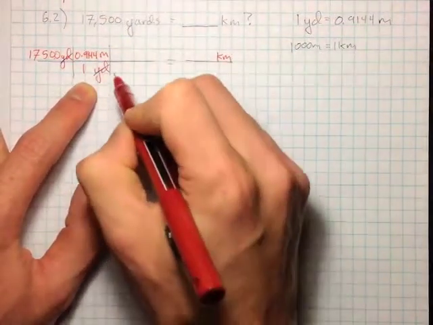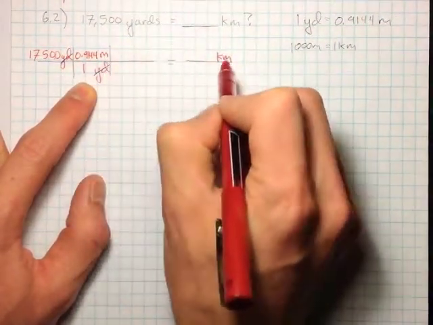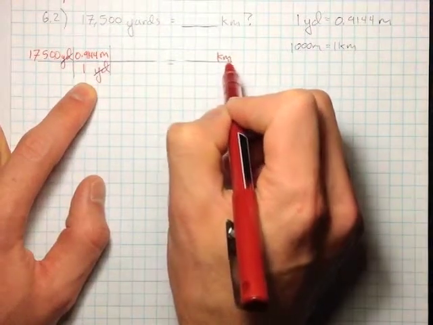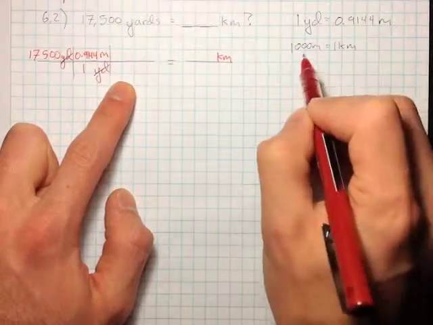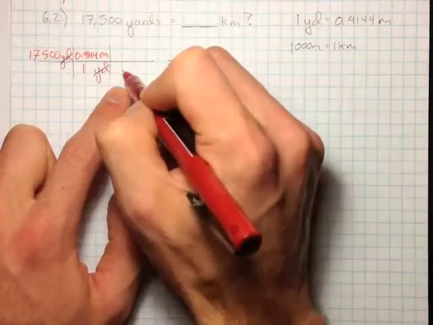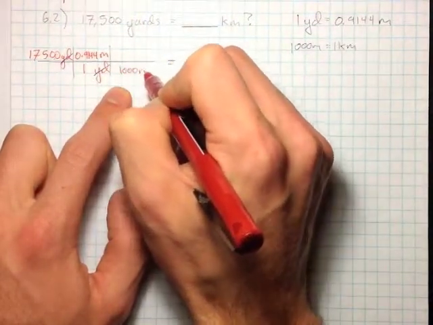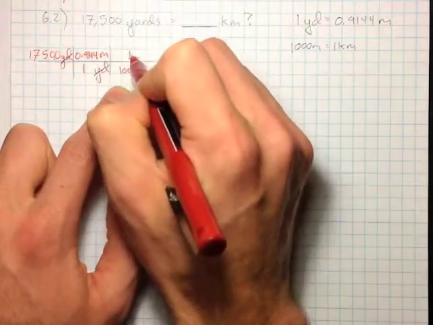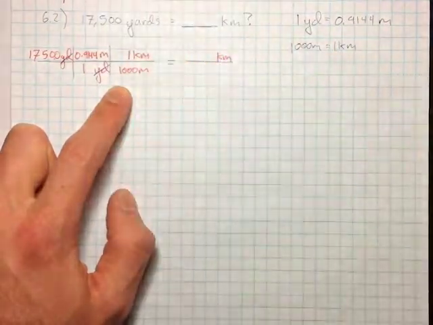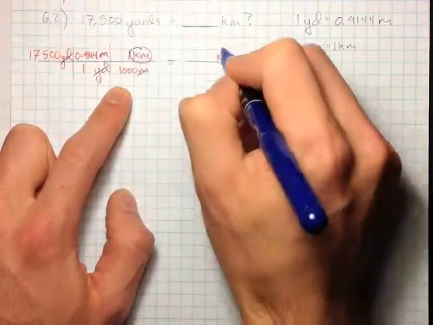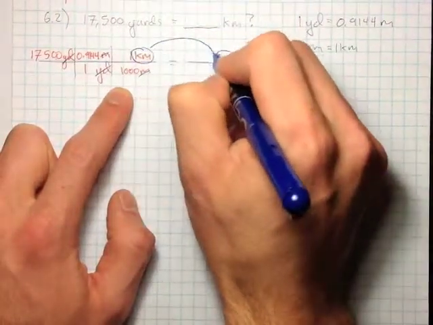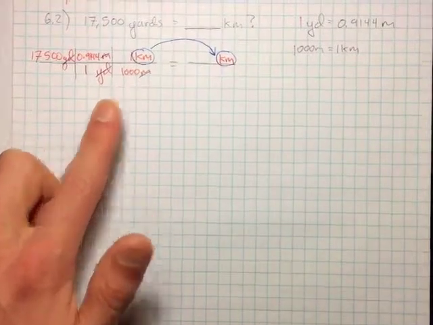Now, we have meters on top of the fraction. Over here we want kilometers on top of the fraction. So we need one more conversion factor here, and it's going to be this one. We're going to put 1,000 meters on the bottom, and we're going to put 1 kilometer on top. That way meters cancel out, and we're left with kilometers on top. Perfect.